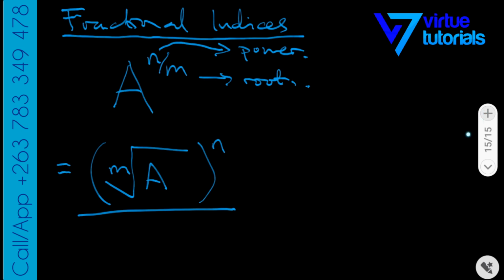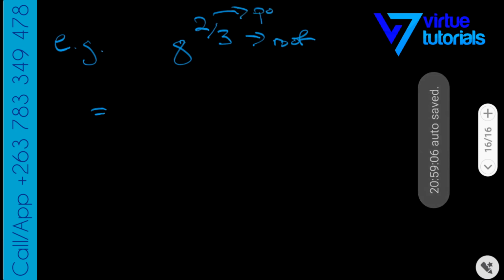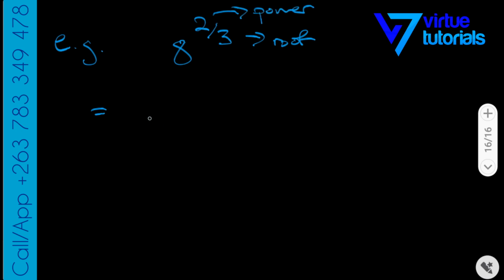So let's have an example. For example, if I have 8 to the power 2 over 3, the 3 operates on the root and the 2 operates on the power. So this is going to be a cube root of 8 then to the power 2.